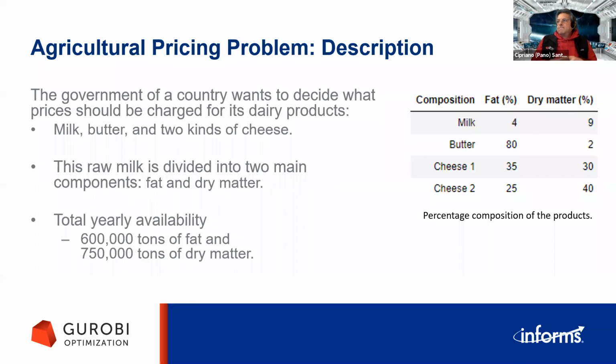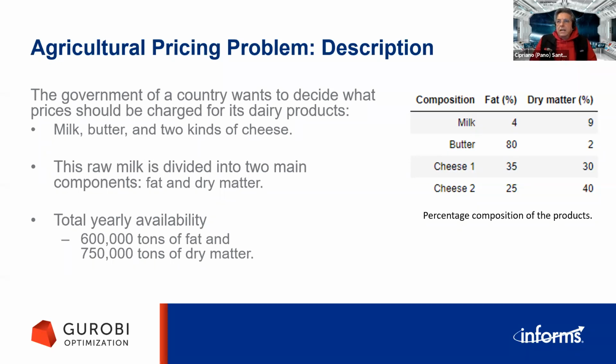So let me describe a very simple instance of this problem. We have a government of a country that wants to decide what prices should be charged for its dairy products, and consider four types of dairy products: milk, butter, and two kinds of cheese. We are going to call them cheese 1 and cheese 2.